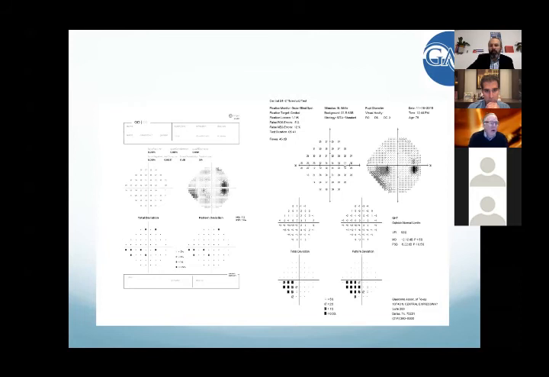And you can see it also shows up on total deviation, also on the pattern deviation. And the pattern standard deviation is pretty significant. I think it's 5.64. And the mean deviation is minus. So these are all significant findings in the right eye.